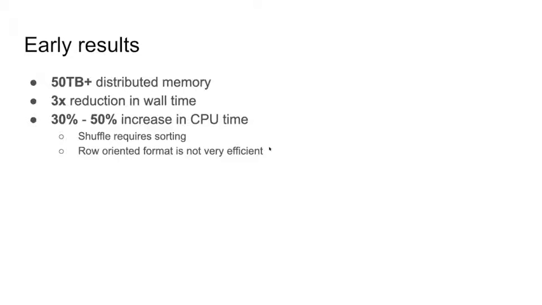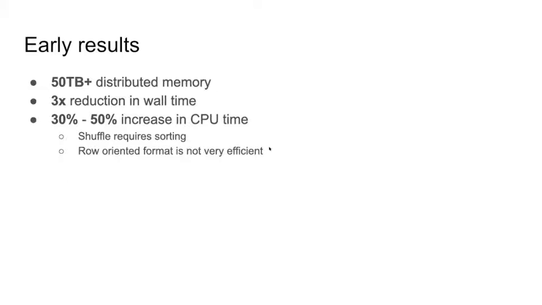We also managed to reduce by a factor of 3x the execution time of some queries by allocating more resources to process a query. So it was 4,000 workers in Spark versus 600 workers in Presto.